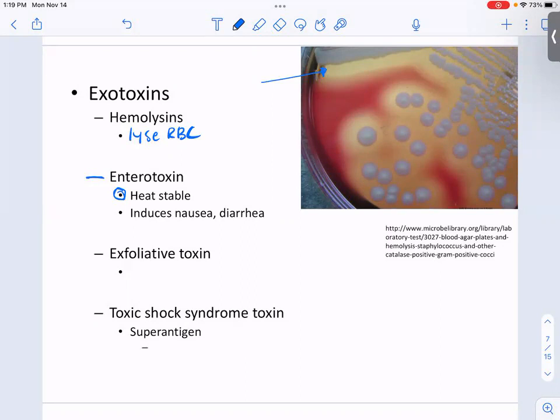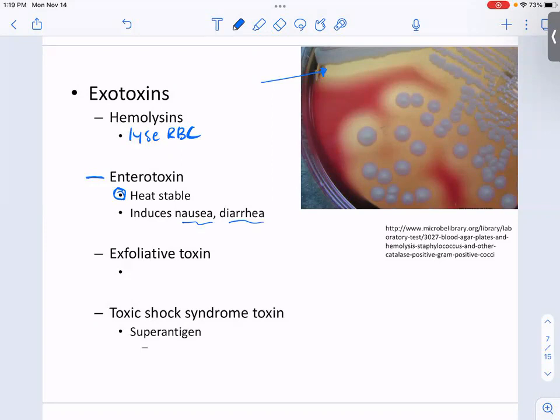You would think reheating it later might kill the organism, but it would not deactivate the toxin. So Staph aureus food poisoning is primarily caused by this enterotoxin. Again, not deactivated when you heat it up, and it can cause nausea and diarrhea. Typically not a serious kind of food poisoning, lasts for maybe a day or so.